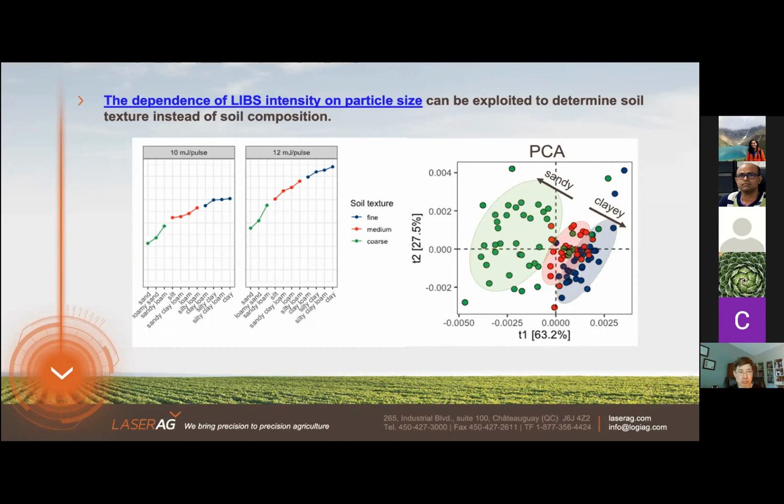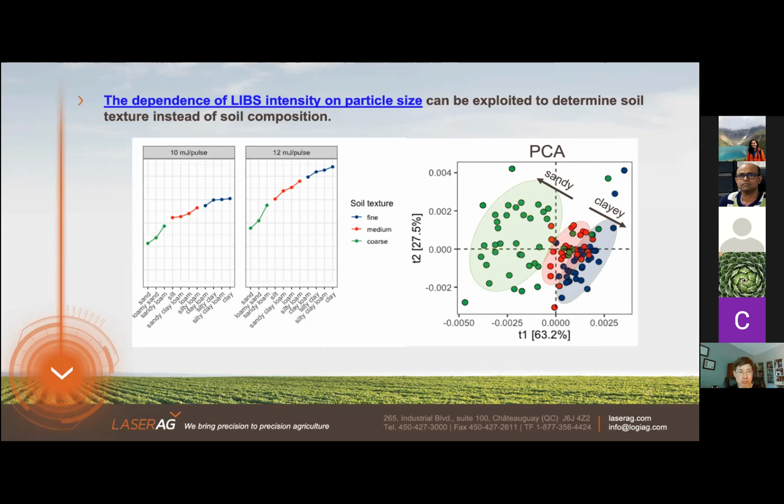On the right, I just put an example of the PCA modeling for maybe hundreds of soil samples. We can see that we have two different clusters.